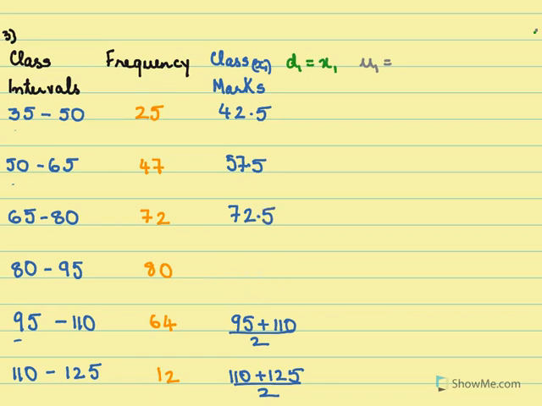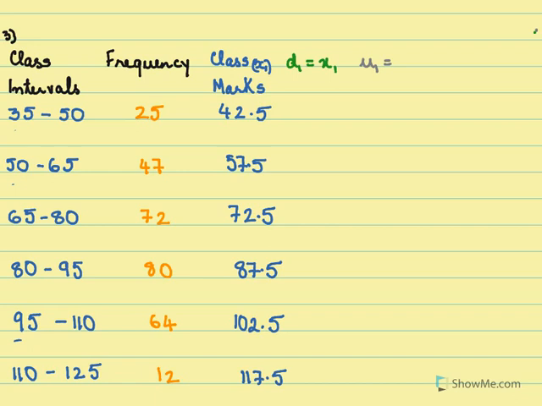Then 80 plus 95 divide by 2 equals 87.5. 95 plus 110 divide by 2, we get 102.5. And last, 110 plus 125 divide by 2 equals 117.5. So that was our xi.